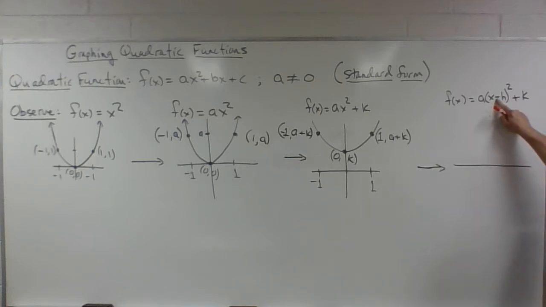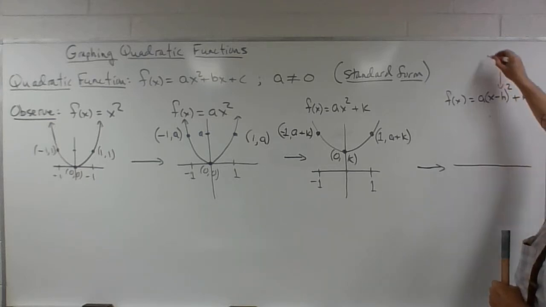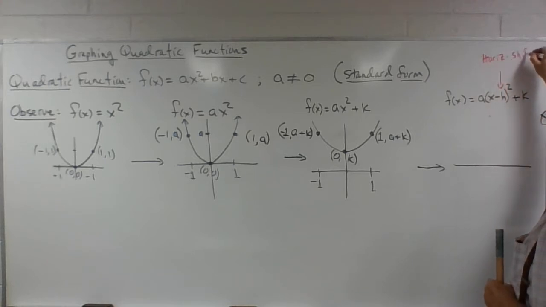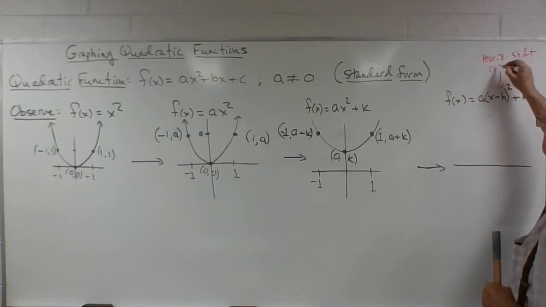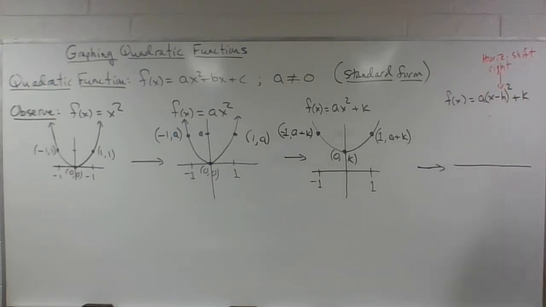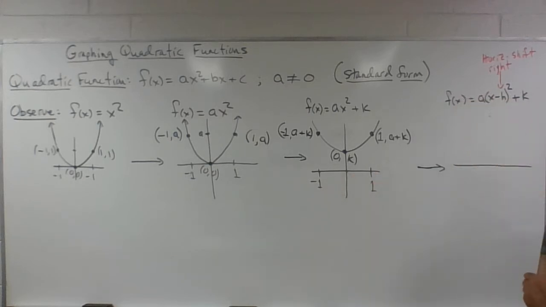If I have a plus here, x plus h, it's a horizontal shift to the left. If I have a minus h here, it's a horizontal shift to the right. So what I'm doing is shifting this entire graph h units to the right.